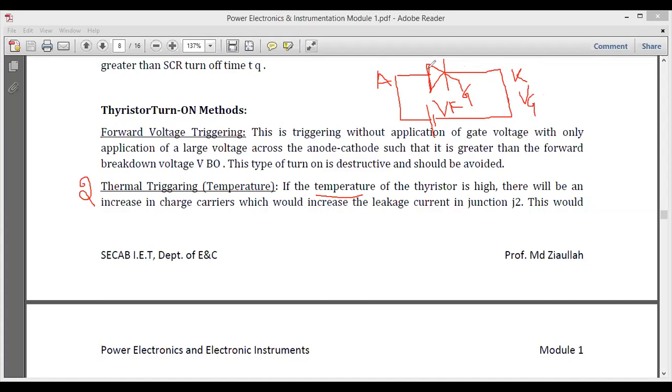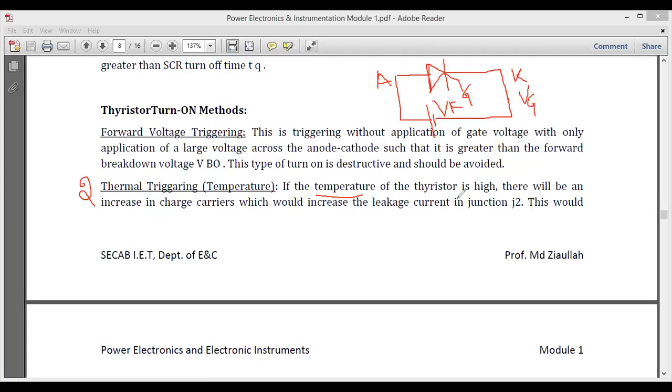So we know the temperature here. Increase in temperature means the conditions across the SCR are such that the SCR will change its characteristics.